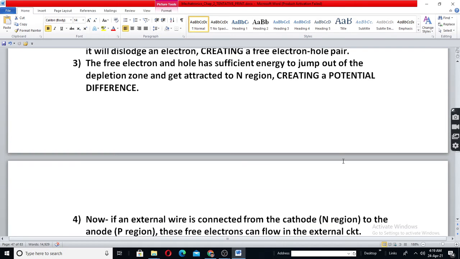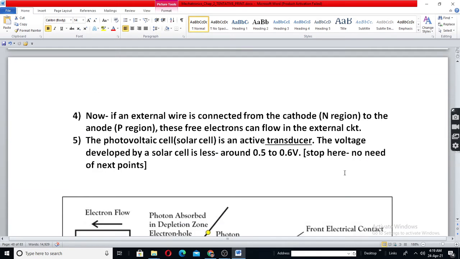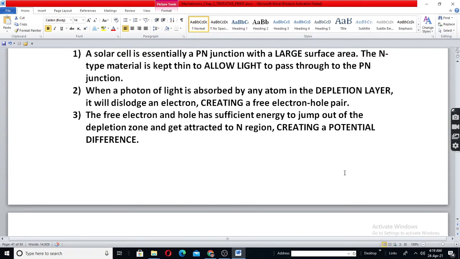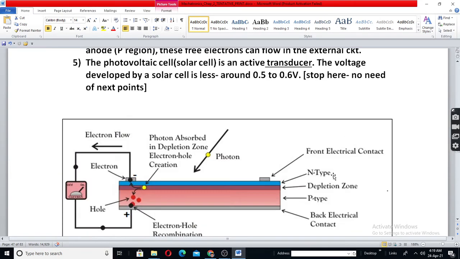And if the light energy is enough, it will cross the depletion layer, and thereby break the depletion layer, and it can make current to flow in the circuit.